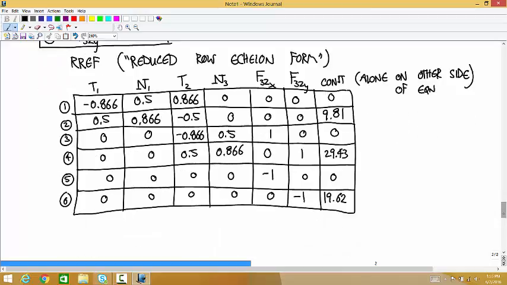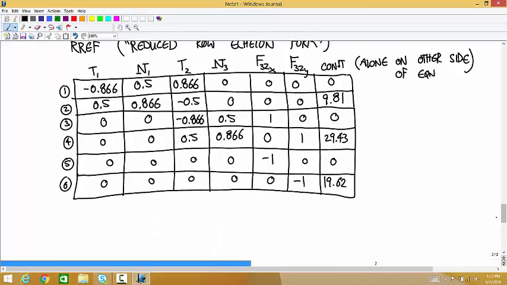So does anyone have these? T1 is 29.43? Yeah. Okay. N1? 8.4930. Or 6. Okay. T2? T2 is 24.53. Okay.